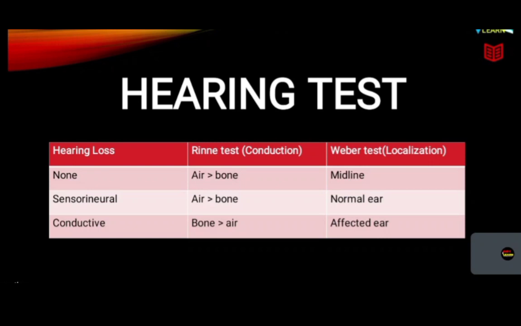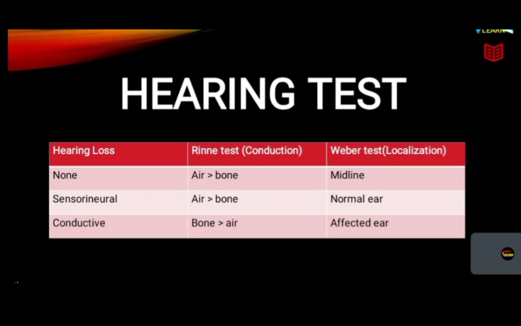I don't know if everybody's getting me, but if you put a tuning fork at the center of the head and you strike it, the side it lateralizes to is usually the affected side, and that's conductive. It means your other side has a sensorineural hearing loss, or is your normal side.